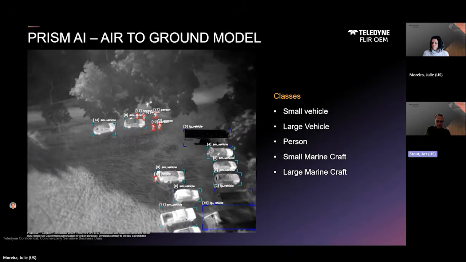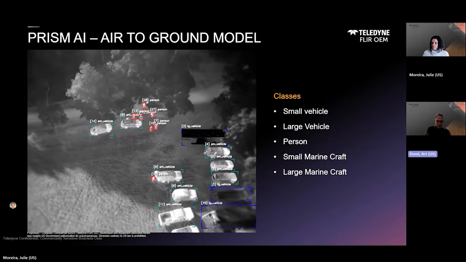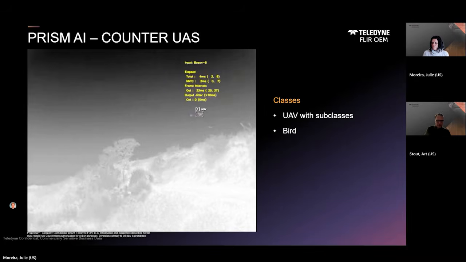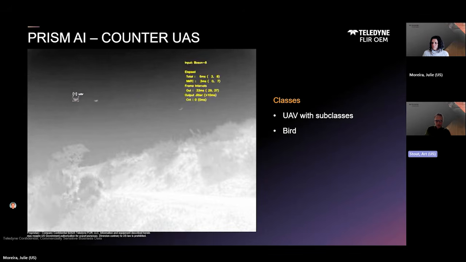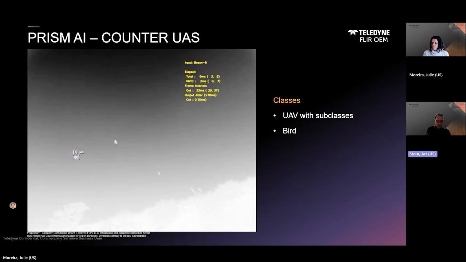And the next model I'm going to show is our Counter-UAS, counter-drone model. So this is a model that was trained on 2 classes, a generalized UAV model and birds.